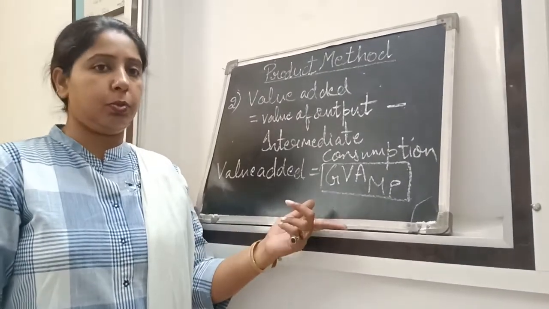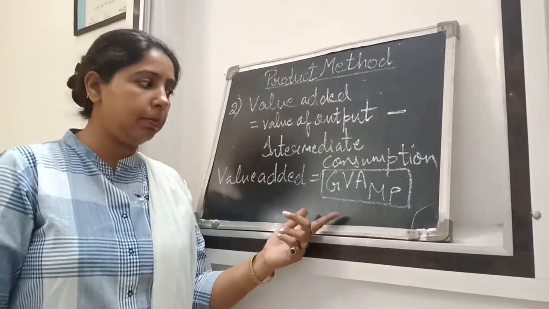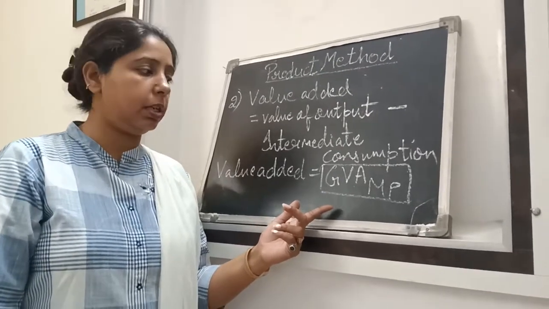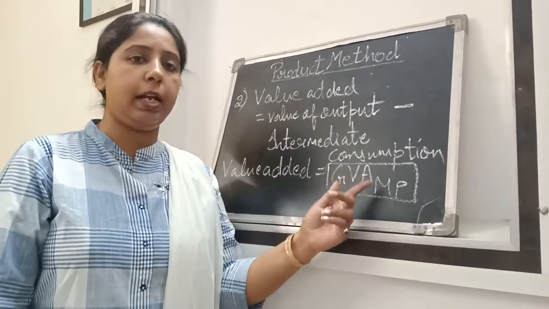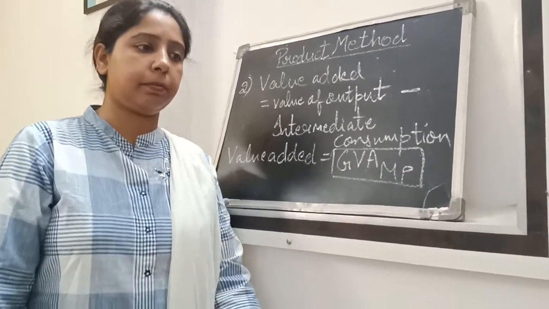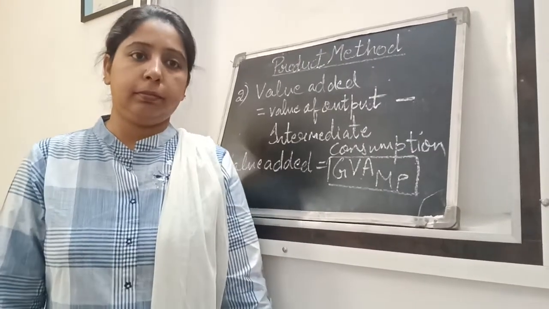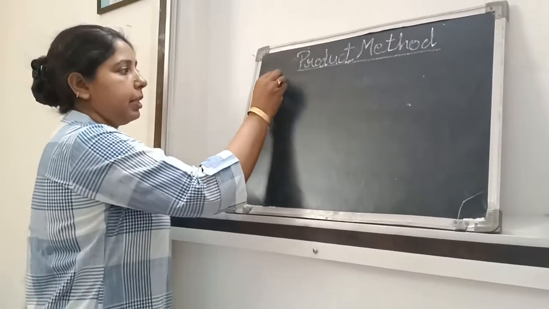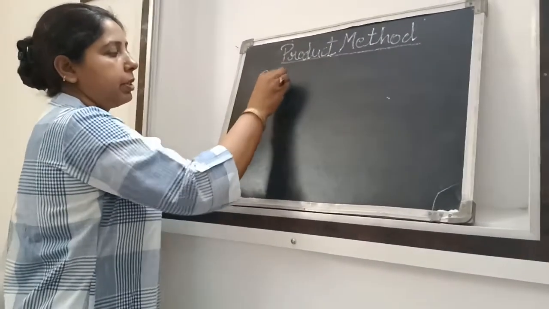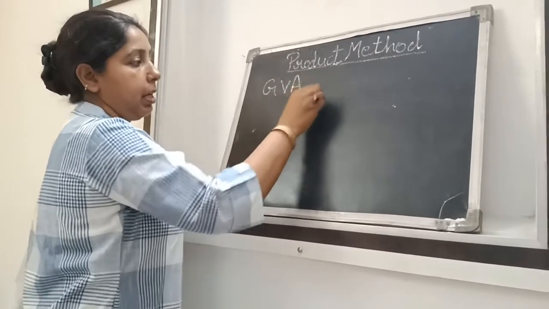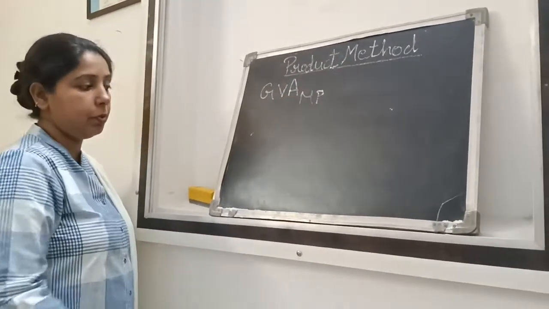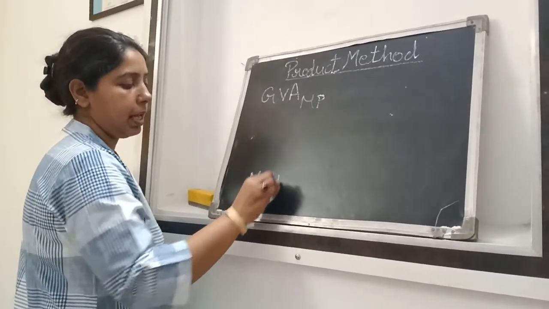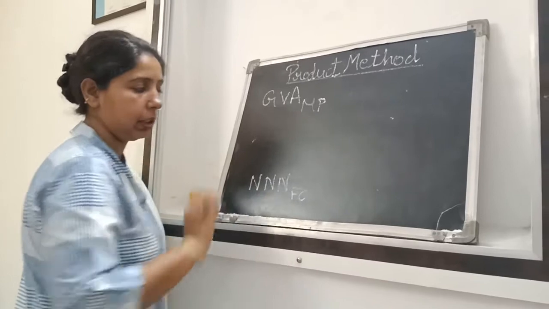But as you know that we are doing national income, so now I will give you the steps to find out the national income from gross value added at market price. So we have reached gross value added at MP. Where we have to reach? We have to reach national income, that is NNP at FC.